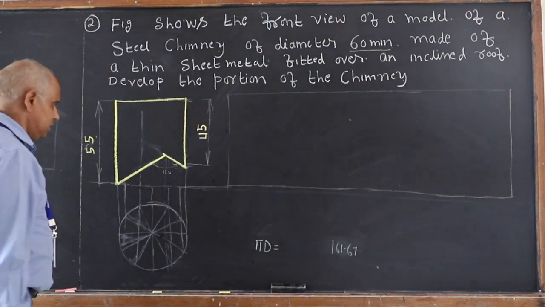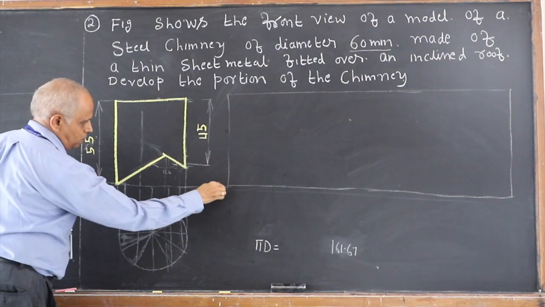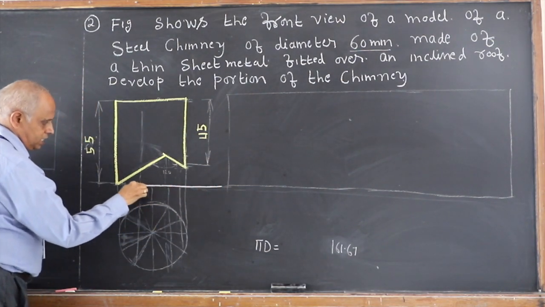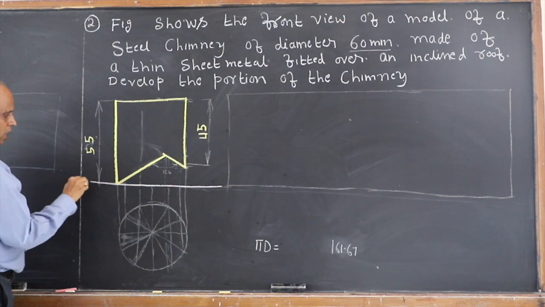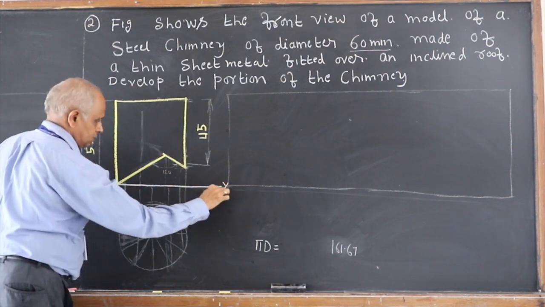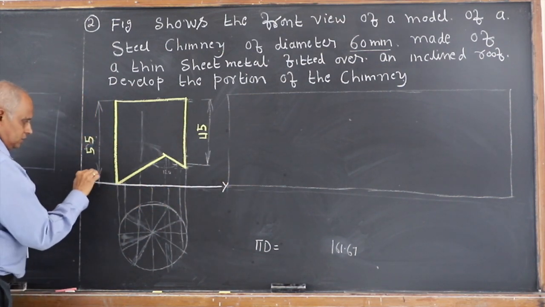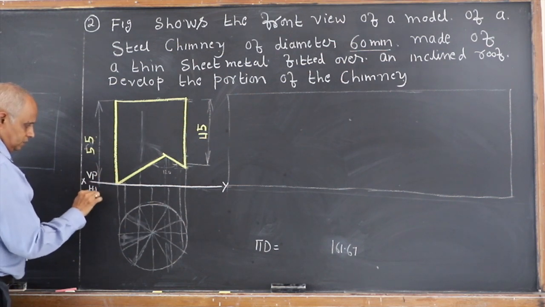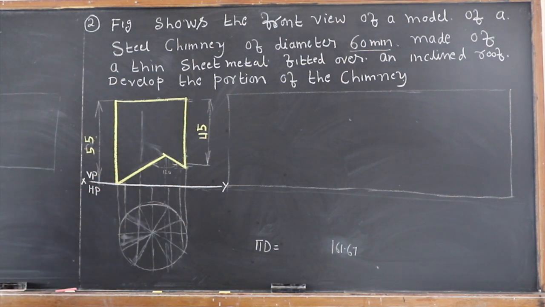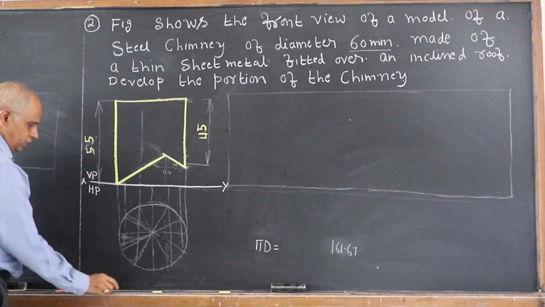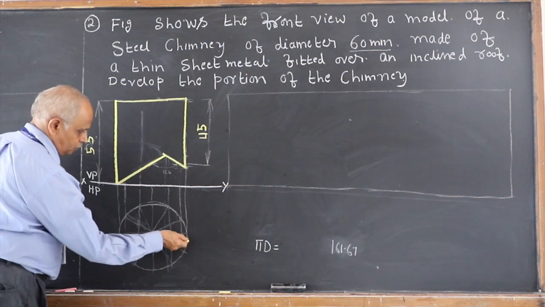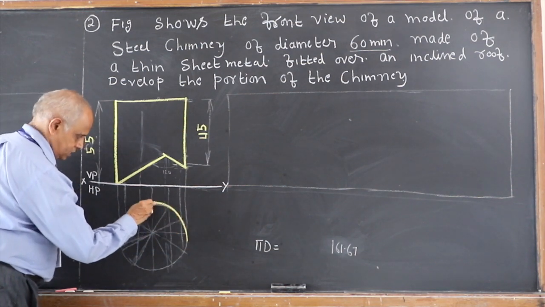So step 1, as in any problem, draw a thin continuous line, mark XY, mark VP, HP. Then he says it is a cylinder of 60 millimeter diameter. Therefore, you can draw a circle of 60 millimeter diameter.